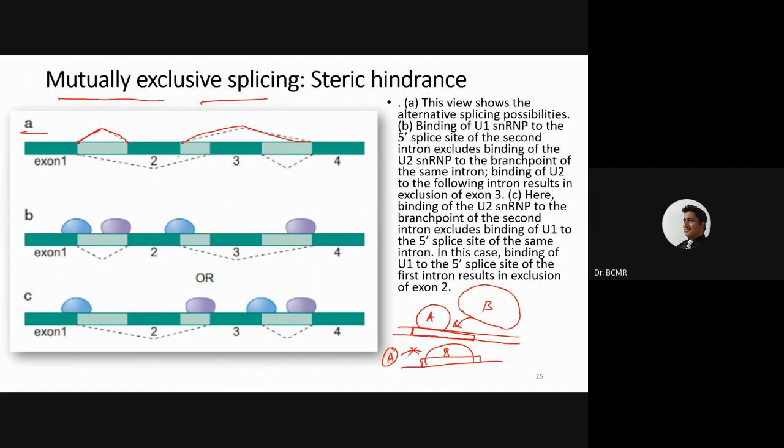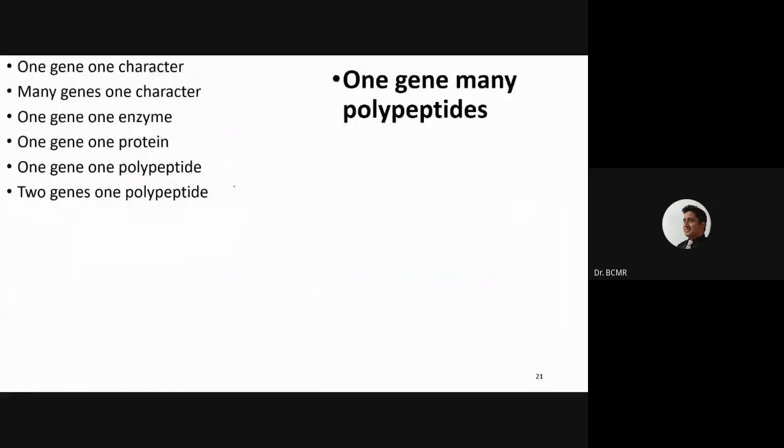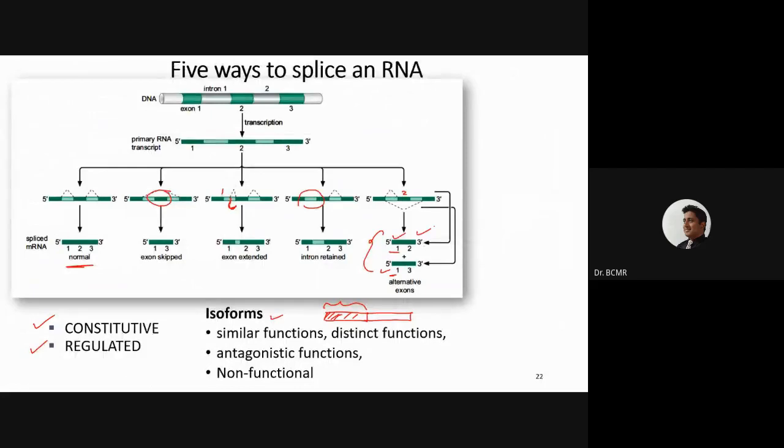But it is also possible that 2 is excluded and exon 1 is splicing with exon 3 and exon 3 with exon 4. So there are two different types of transcripts that can come, like what we have discussed in this case. Sorry, in this case, 2 is included but not 3, right? Here, either 2 or 3 is included.